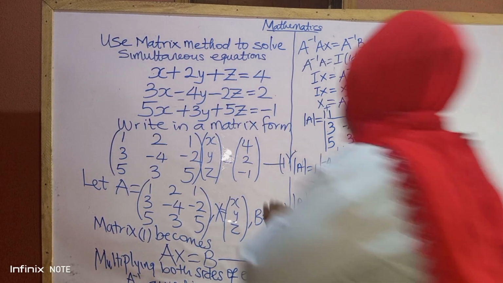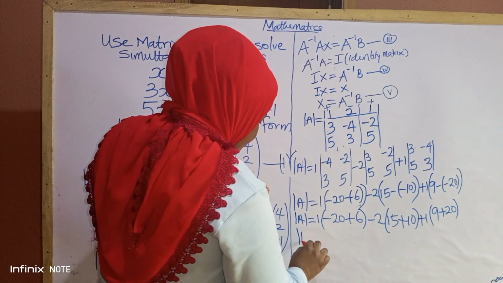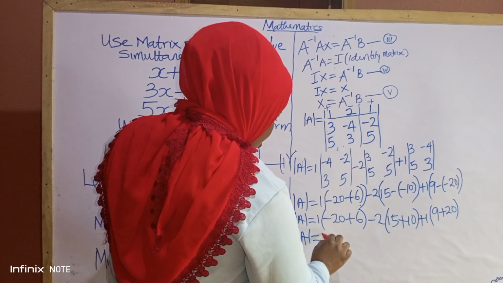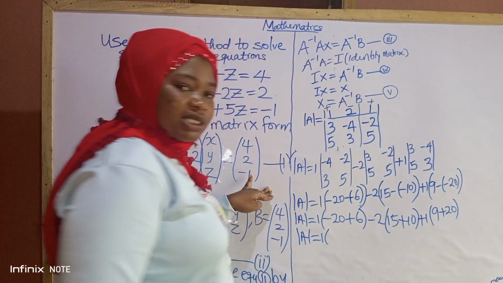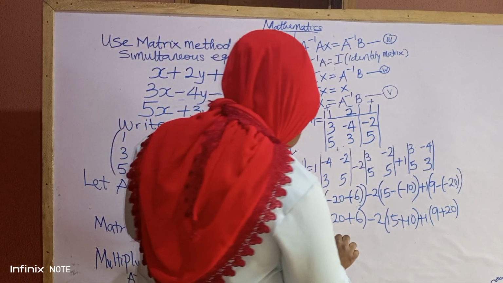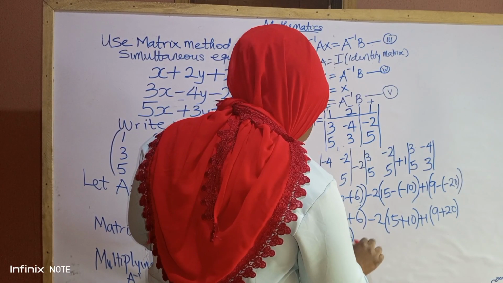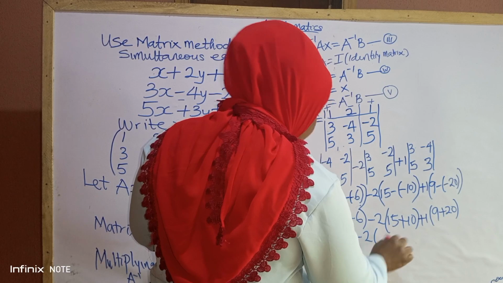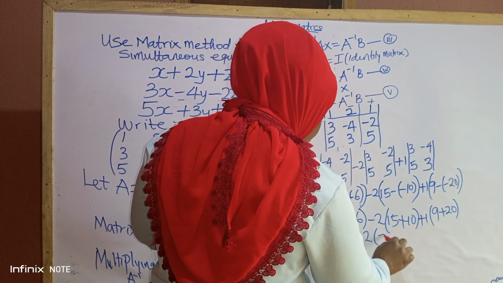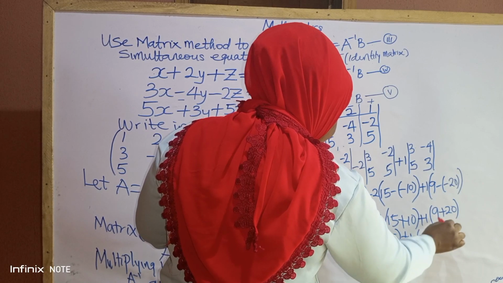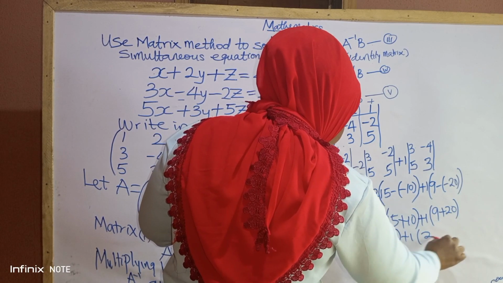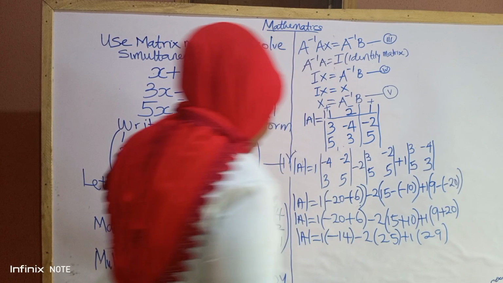So, determinant of A is equal to 1 multiplied by minus 20 plus 6, minus 14. Minus 2 into 15 plus 10, 25. Then plus 1 multiplied by 9 plus 20, 29.